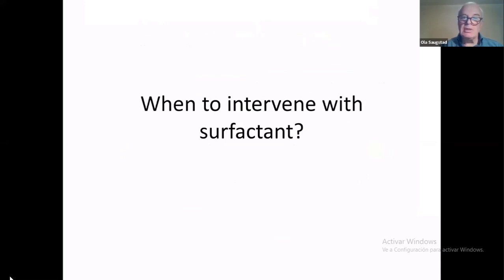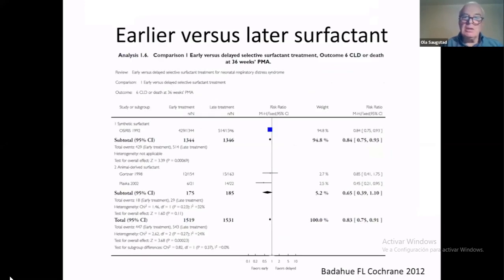So when should we intervene with surfactant? When should we give surfactant? Should we give it early or should we give it late? And again, this is a Cochrane review some years ago now, but I think this was the last we had when we did this most recent guidelines.